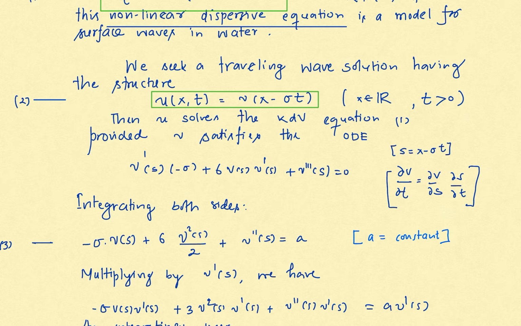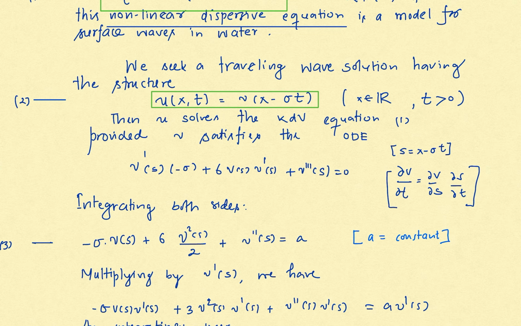So this profile with respect to t gives us v prime of s multiplied by negative sigma, plus 6 times v, a function of s, and u sub x is v prime of s with respect to s. And u sub xxx can be replaced by the third derivative of v with respect to s, equals 0.